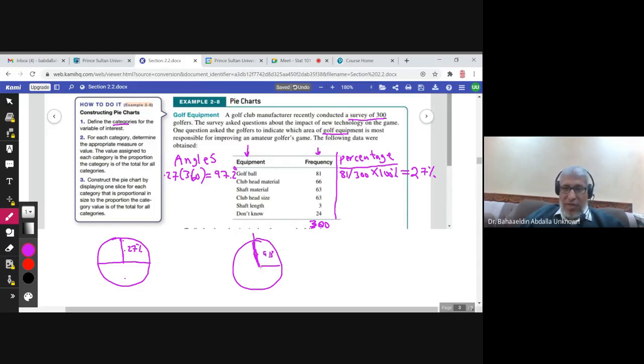You start from here and you find the second one. For club head material, you can divide 66 by 300 and multiply by 100%. So you get 22. And then you multiply 0.22 times 360. Okay, so you get 79.2.